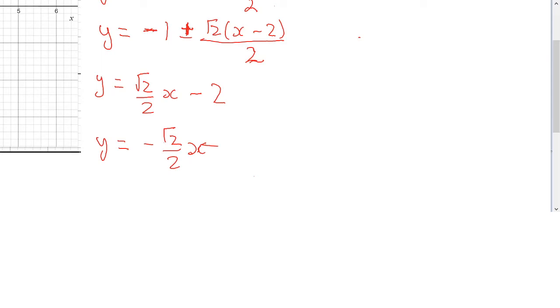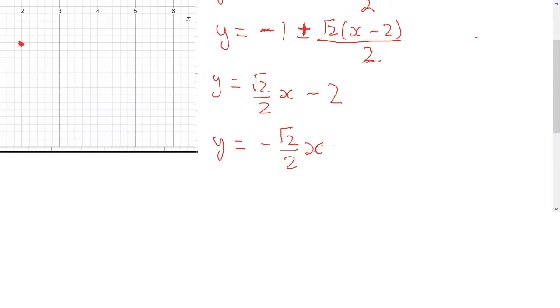Then if you think about expanding that bracket, you'd have plus 2 all over 2, so you'd have plus 1 on the end, and you also can't forget your negative 1, so we've got plus 1 minus 1, i.e. nothing. So we can just get rid of that as well. Just rub that out. And now we have our 2 equations of the asymptotes.